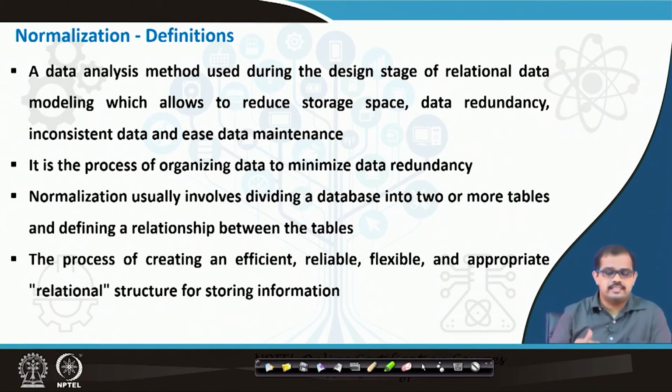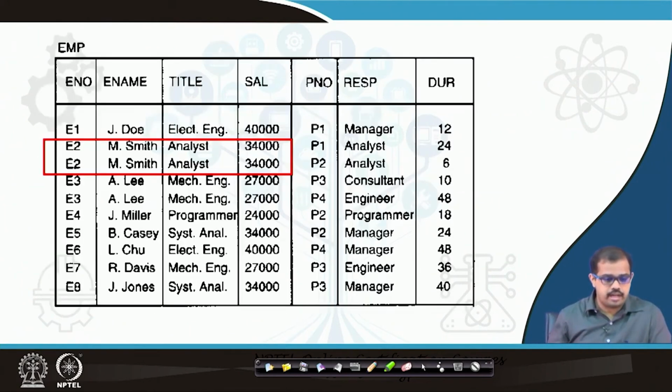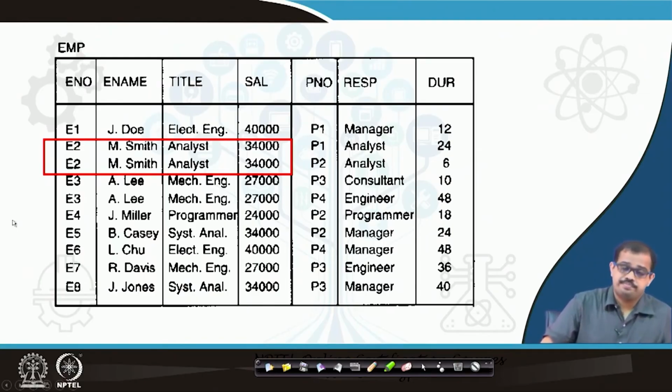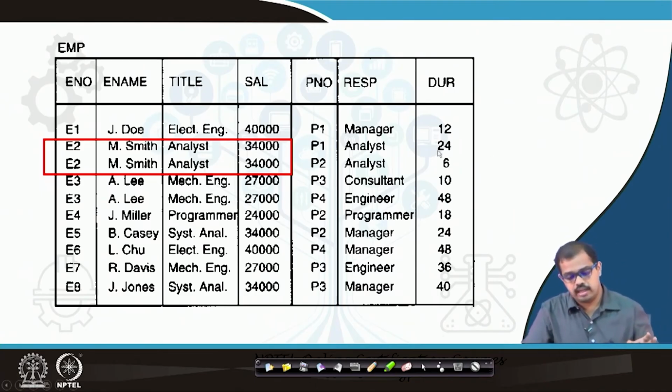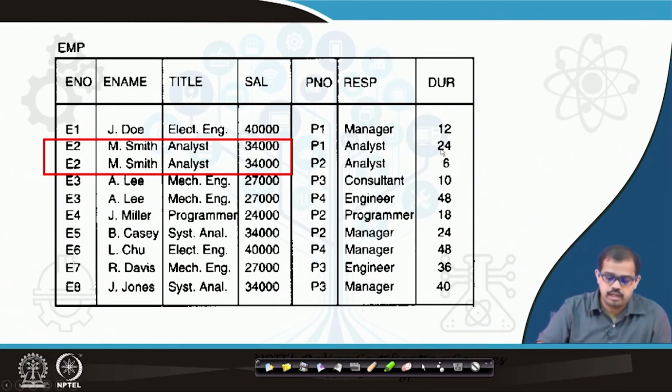When I say redundancy, let me see if I have an example here. For example, this is a table defining the name of an employee and how many hours he has worked. Maybe there are two cases, a case P1 and a case P2. He has worked 24 hours in case P1 and 6 hours in case P2.